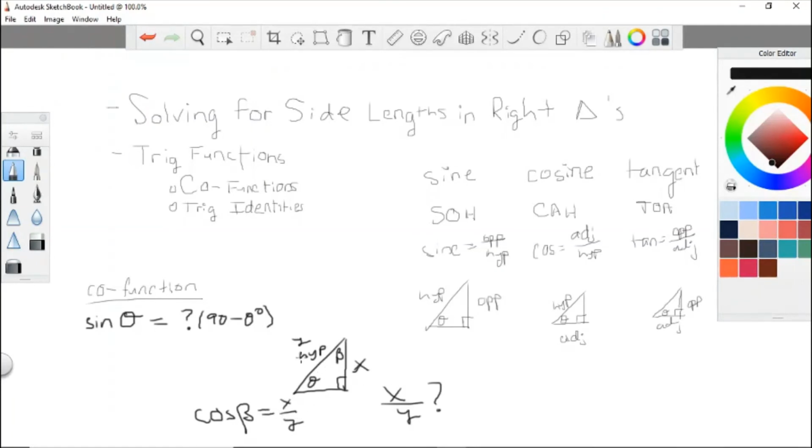And why is that so? Because it's a cofunction. Because 90 minus theta is equal to this angle. Why is that? Because all angles must add to 180 degrees.